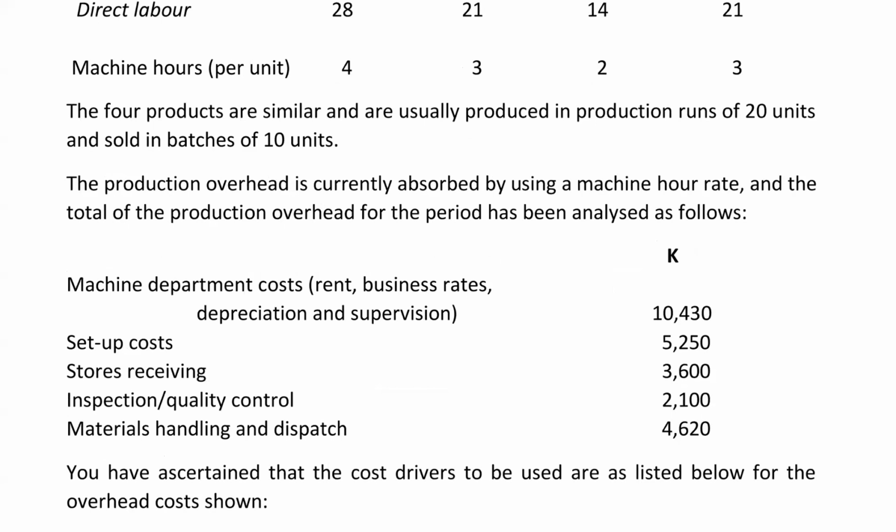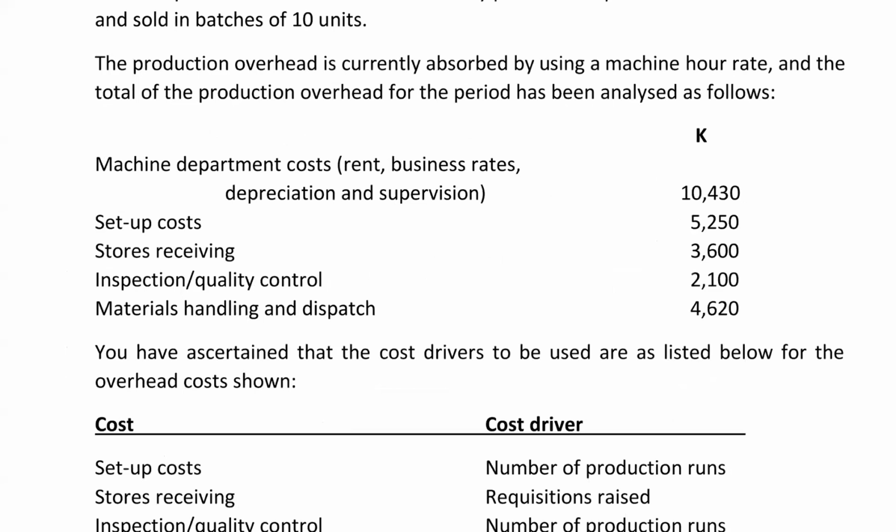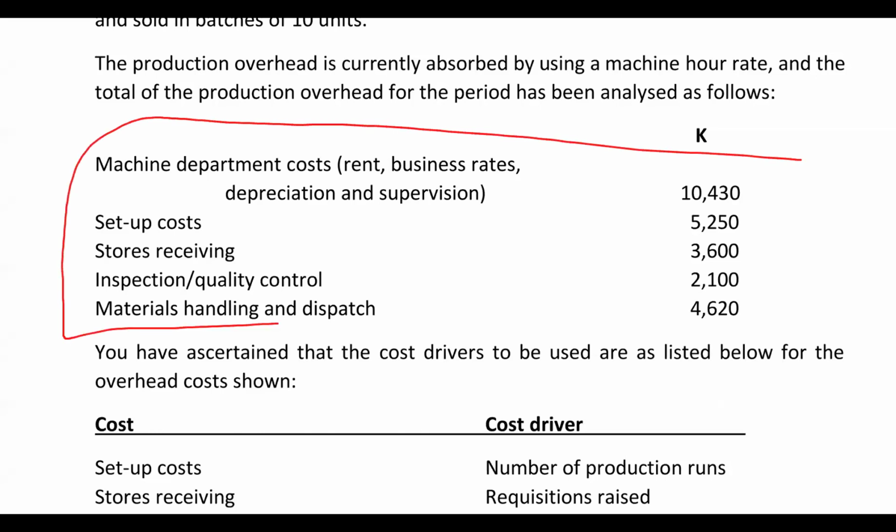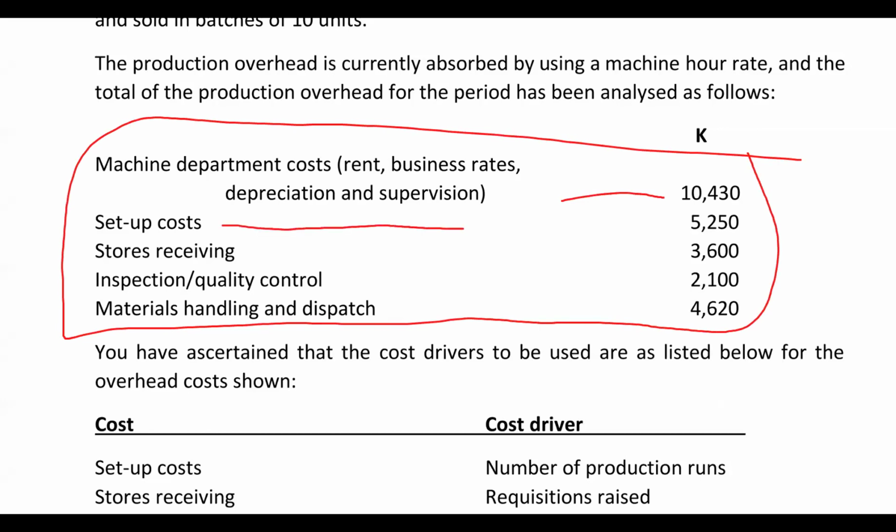In short, you have been given the total production overhead. The overhead has been broken down. Observe the way it has been broken down. The machining department costs and everything is giving us 10,430. The setup cost, this is an overhead, or the total indirect cost for setup cost, is 5,250.